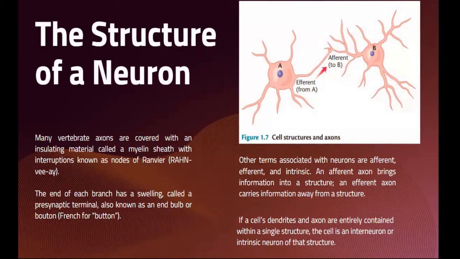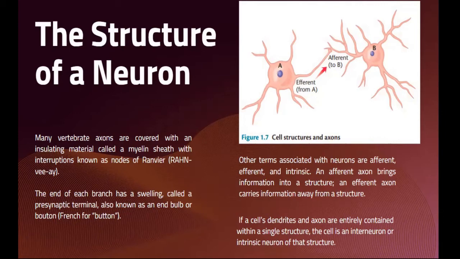Other terms associated with neurons are afferent, efferent, and intrinsic. An afferent axon brings information into a structure. An efferent axon carries information away from a structure.